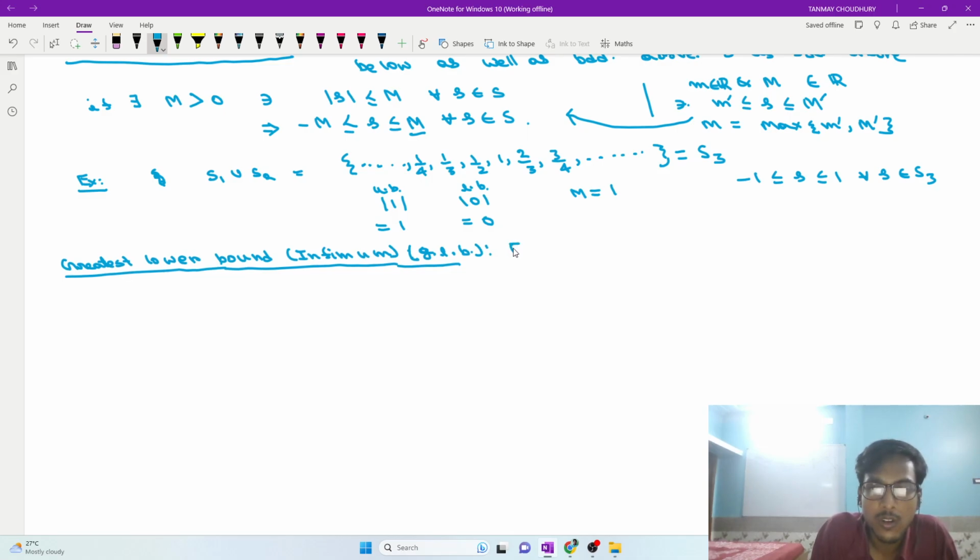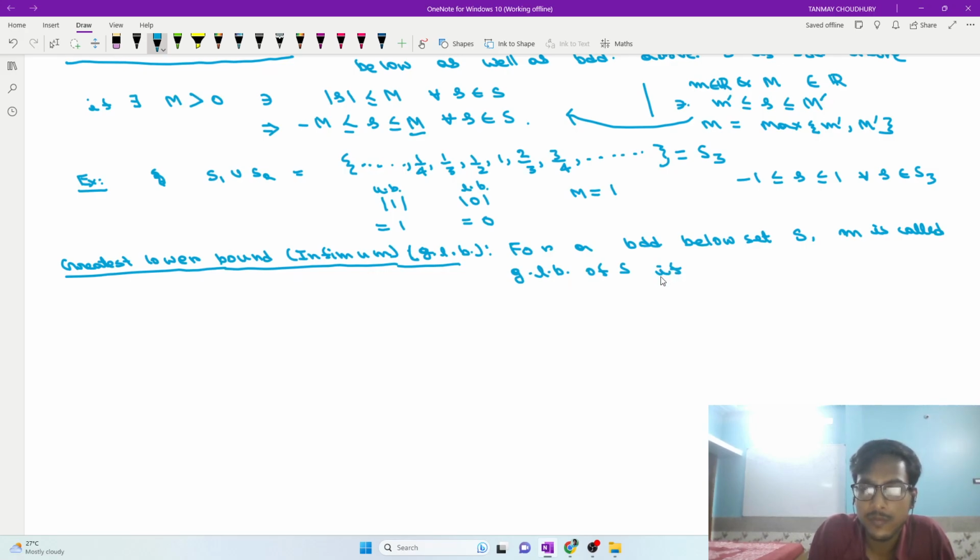So for a bounded below set S, small m is called greatest lower bound of S if these two conditions are satisfied. What is the first condition?